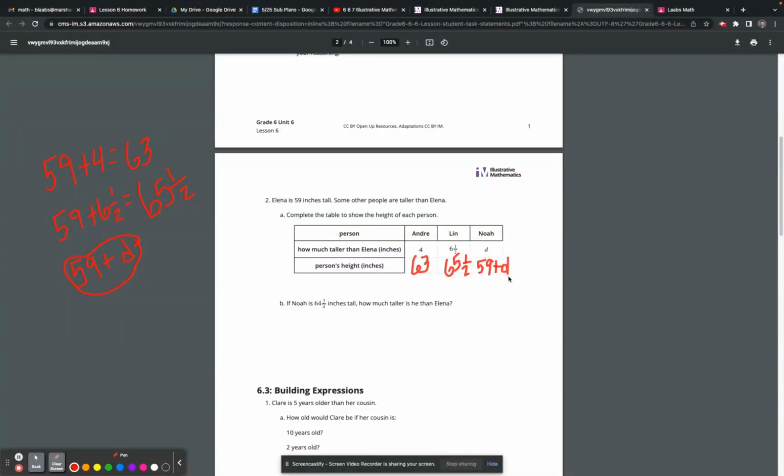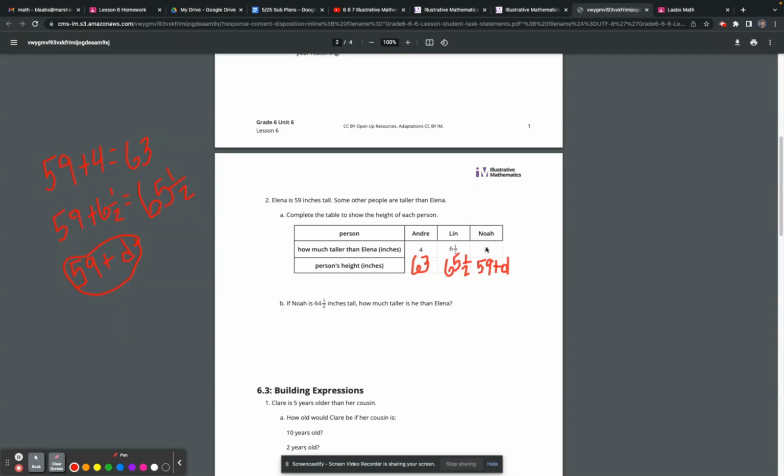So that might look kind of confusing because you're like, well, that can't be a height. 59 plus D, that doesn't make sense. You can't go to the doctor and say I'm 59 plus D inches tall. That doesn't make sense. And you're right. We don't know the difference.